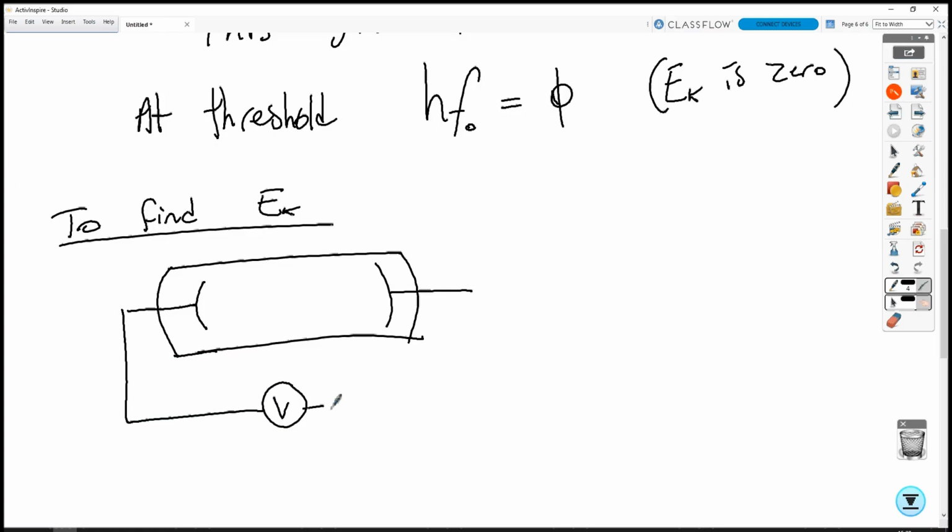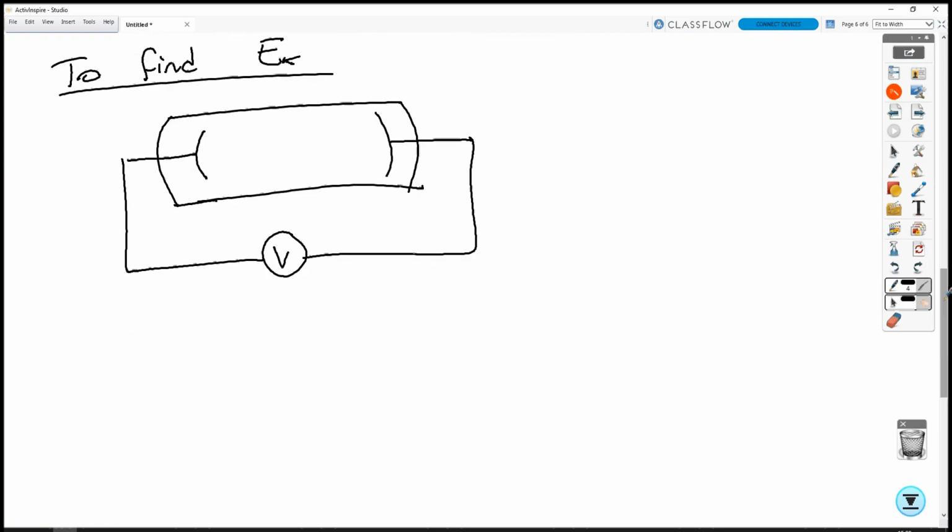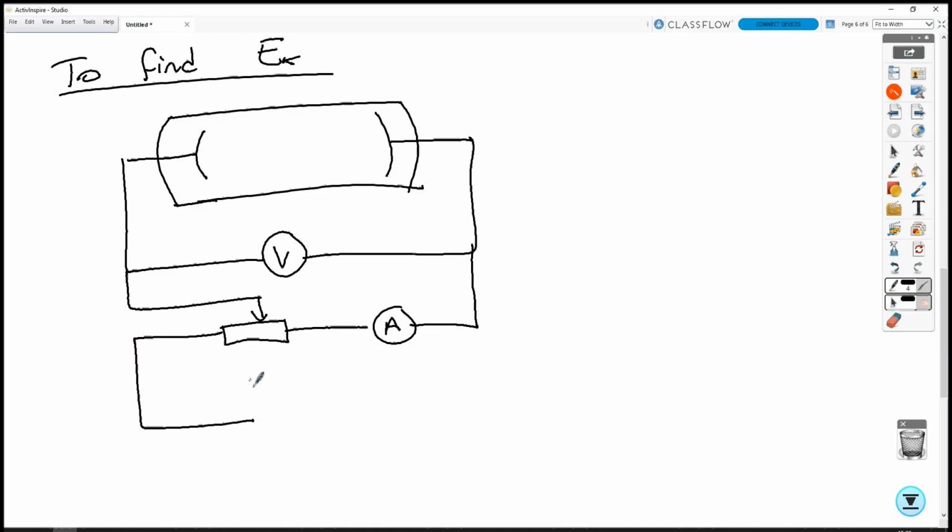We put a voltmeter across it, and an ammeter. And then connect it to some power supply.